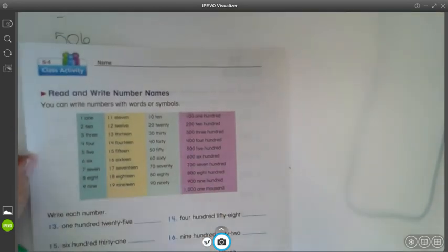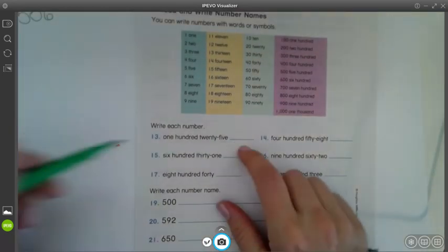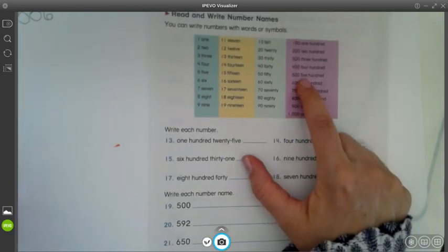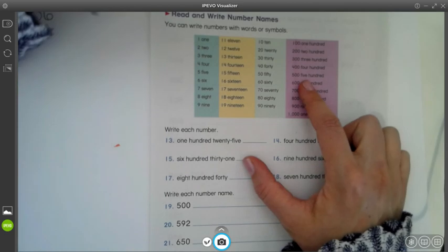That's all going to be there for you as a resource. But you also have to know how to put these numbers together. So you're going to look over here at your 500. You can use this as a tool. So you can say 500.